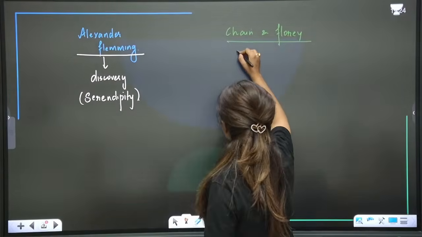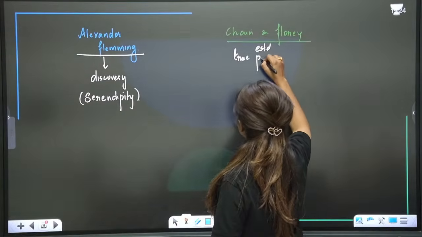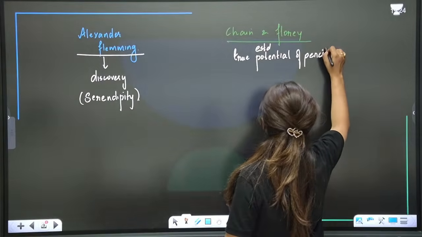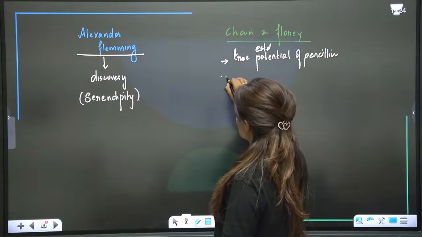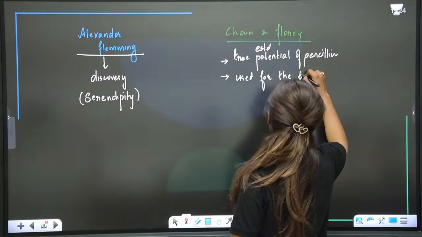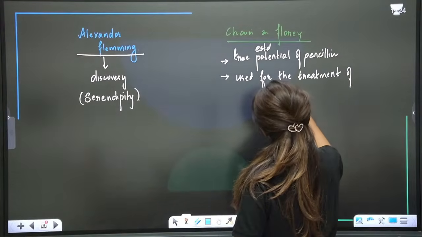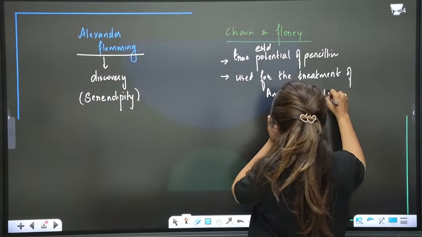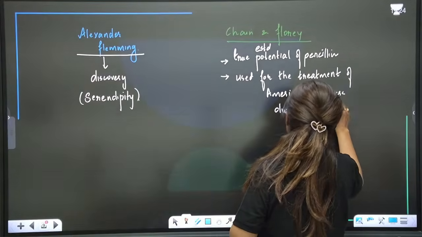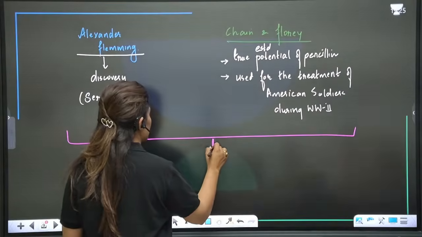While these two scientists understood and established the true potential of penicillin, and they used it for the treatment of American soldiers during World War II. Is that clear? So in 1945, all three of them were awarded the Nobel Prize.